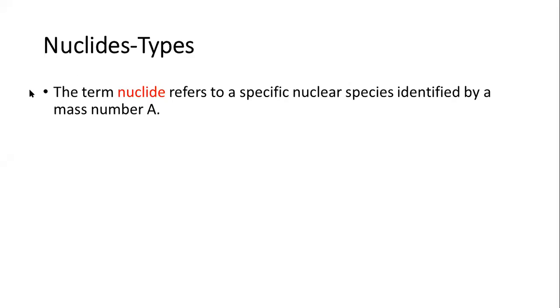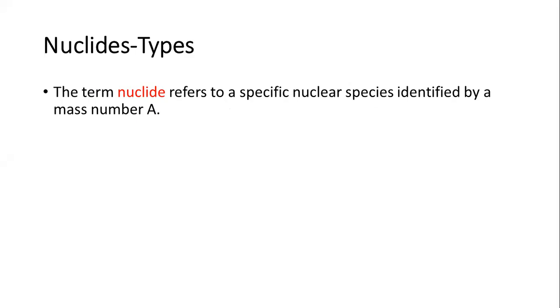In the previous lecture, we have already studied the term nuclide, which refers to a specific nuclear species identified by a mass number. So here the mass number is important, and the atomic number is of course important, but remember, whenever the atomic number is the same, the element is not going to change.